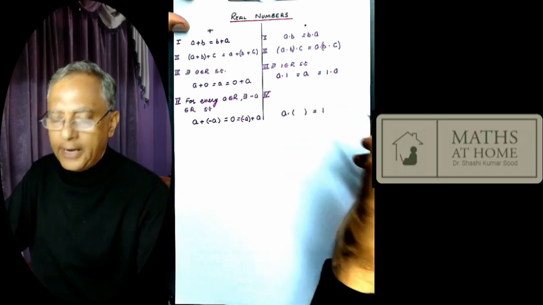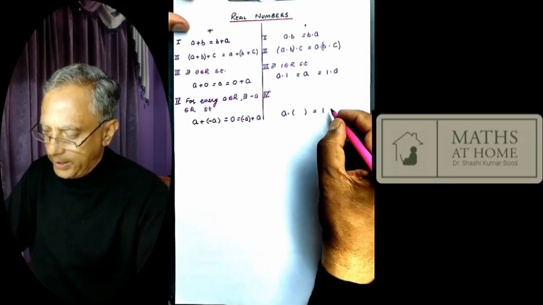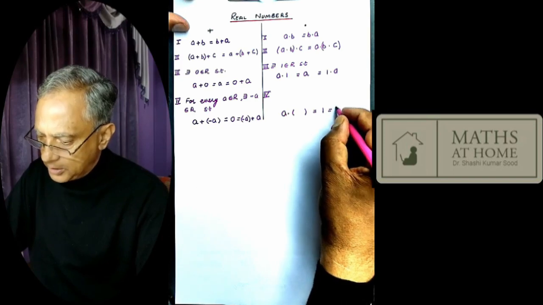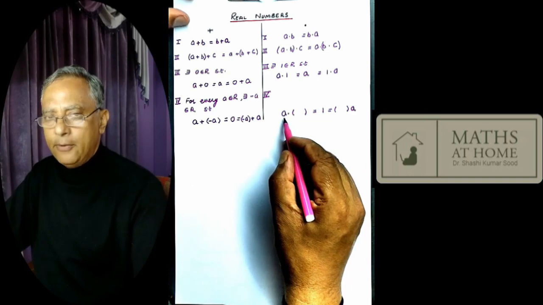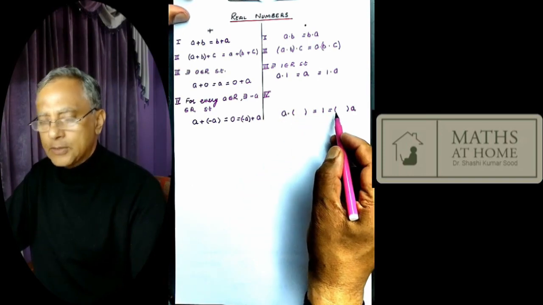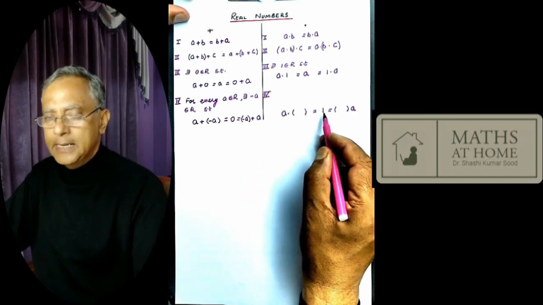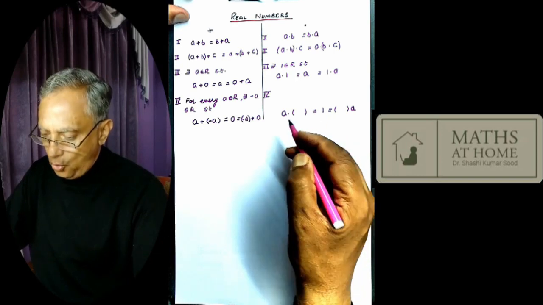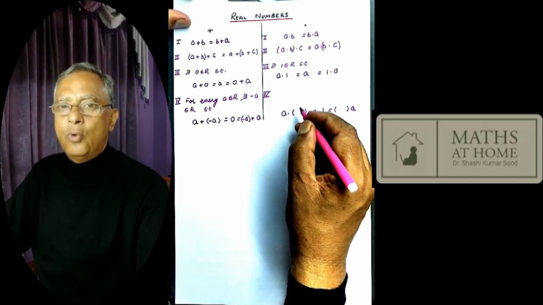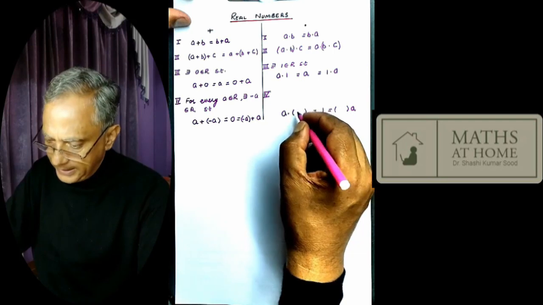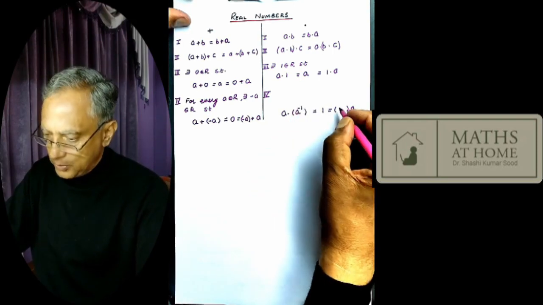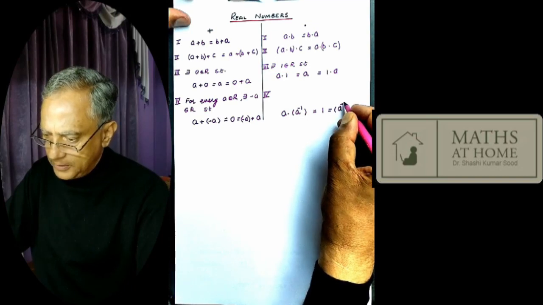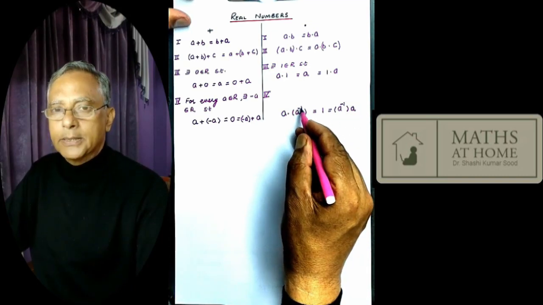So multiplicative identity is 1, and this is equal to this into A, which when multiplied with A from right as well as from left gives us identity. So what is that number? That number is 1 by A, and 1 by A is written as A to the power of minus 1. A inverse.